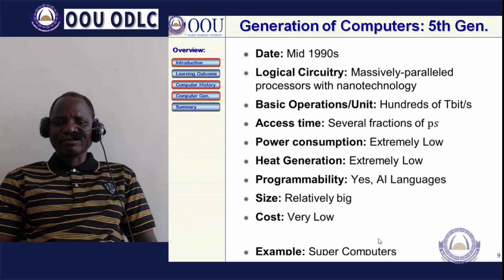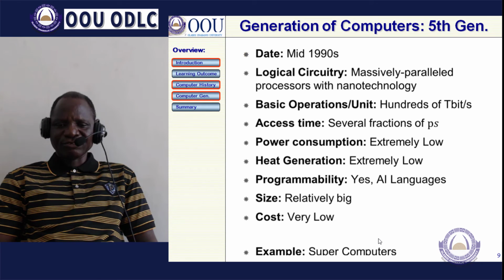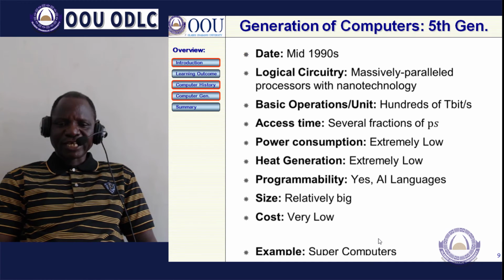In terms of programmability, they normally make use of artificial intelligence languages, the so-called AI languages. Of course, in terms of size, they are relatively big, and their costs. When we say low cost, that does not mean it can be afforded by individuals.